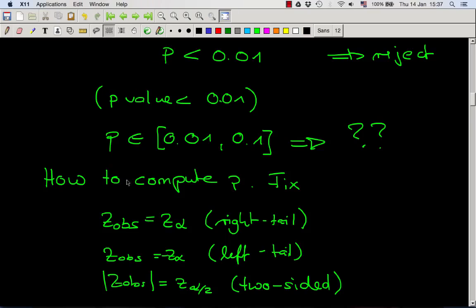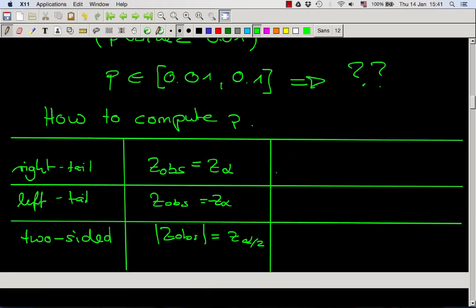So next, after fixing this, I rearranged this a bit. For the right tail case, we set alpha to be z_ops, and this implies that p is the same as alpha, the same as the probability that our test statistic Z, which is standard normally distributed, lies above z_ops, which is exactly alpha, exactly p.